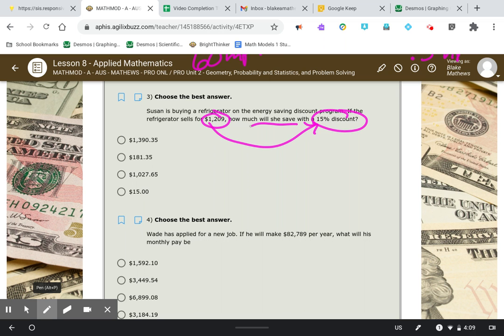They do not want to know the new price. They want to know the amount of the discount. So automatically we know these two answers don't make any sense because they couldn't possibly be 15% of that. So we know we've got to have one of those answers. So go ahead and multiply those two numbers to find the discount.